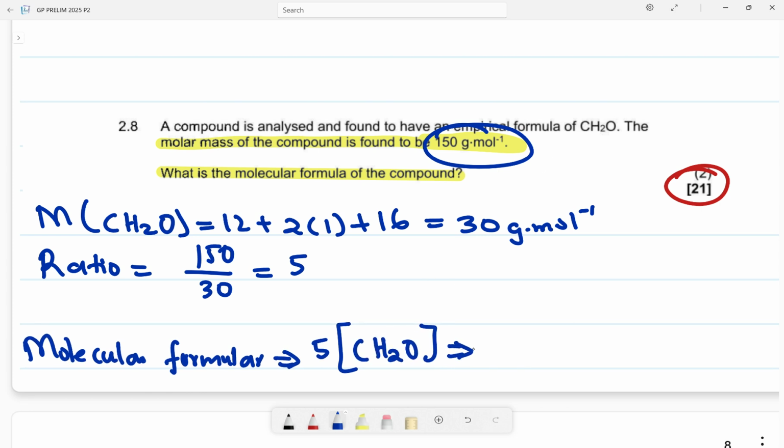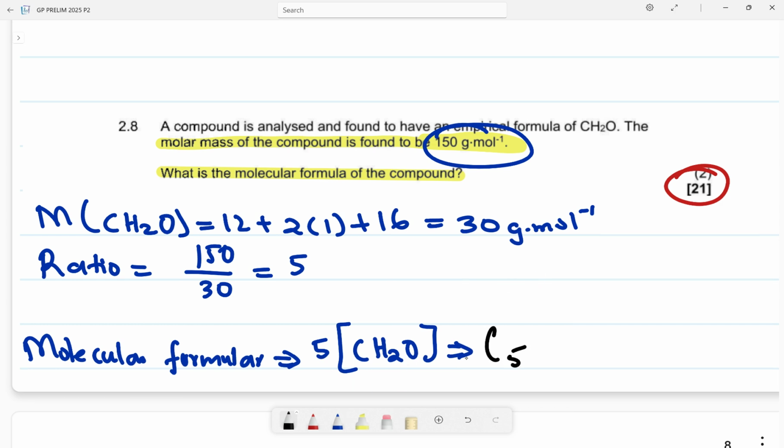Remember, your empirical formula tells you that it is the simplest whole number ratio. So they simplified that by dividing every atom by 5. So this yields something like C5. So it's going to be C5 here, not 5C, C5.